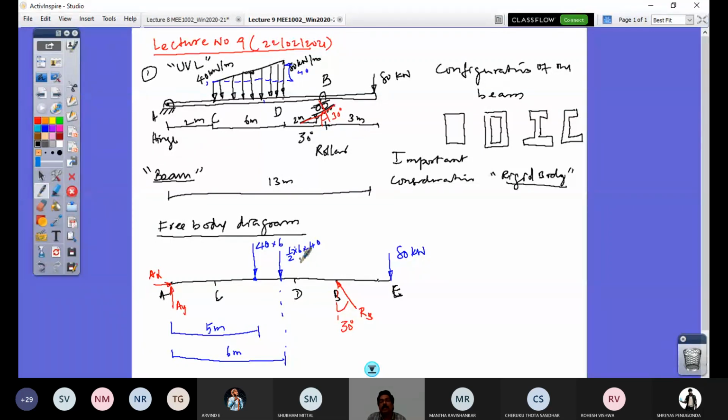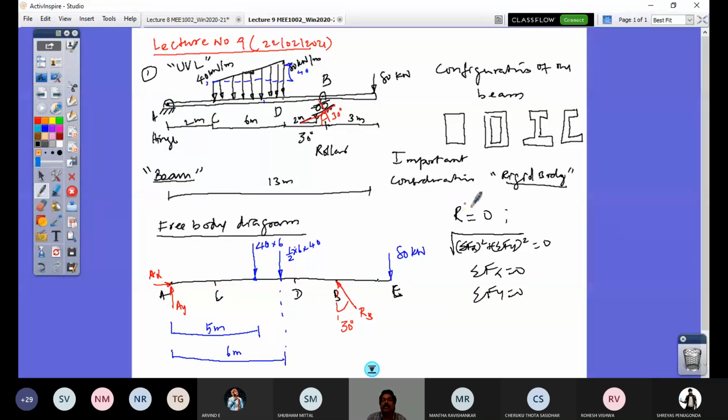So I require 3 algebraic equations, and those 3 algebraic equations come from the fact that in a free body diagram the resultant is 0. So when you say resultant 0, it is essentially sigma Fx square plus sigma Fy square equals 0. That gives you the equations sigma Fx equal to 0, sigma Fy equal to 0, and it's not only resultant 0, also resultant moment should be 0.